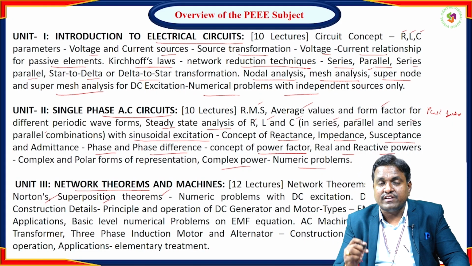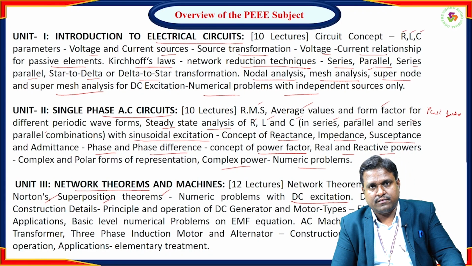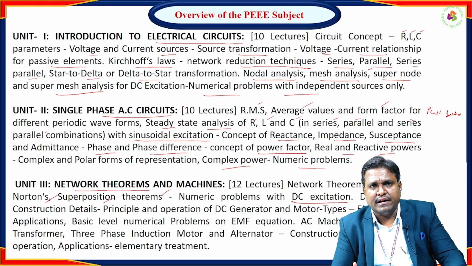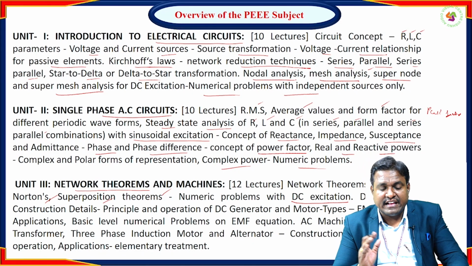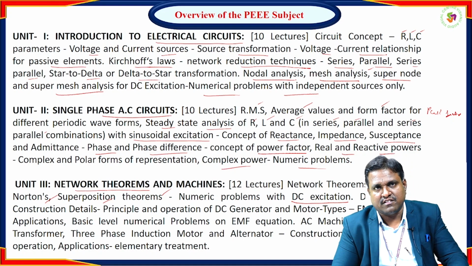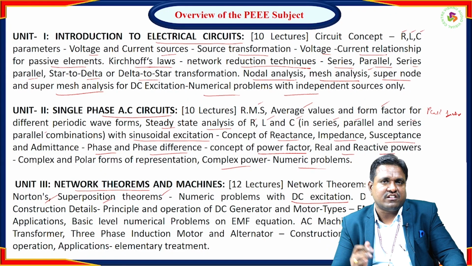But here we are going to study only DC excitation, not AC excitation. Why? Because this subject is common for all the branches, so on that basis they have only DC excitations. Next, here will come the electrical part, most interesting, which is the DC machines. So the second part is completely on the machines part.